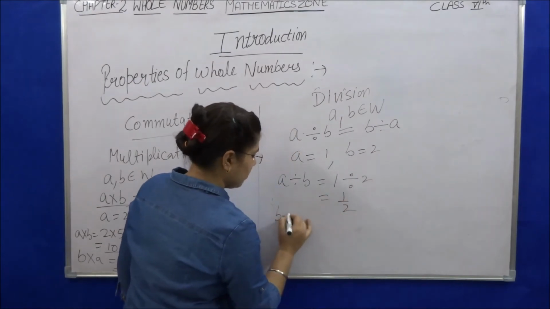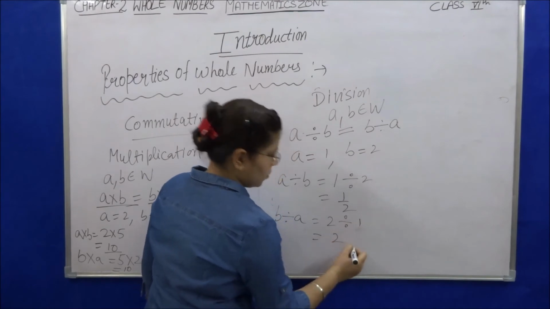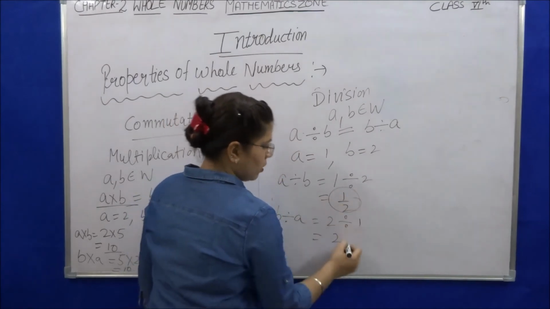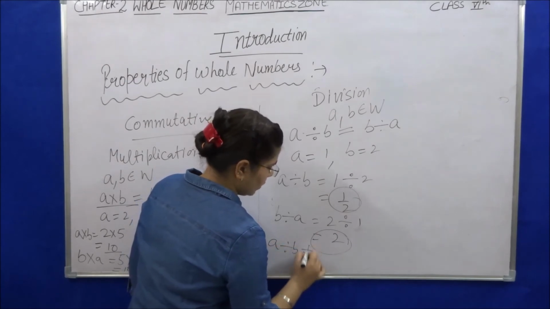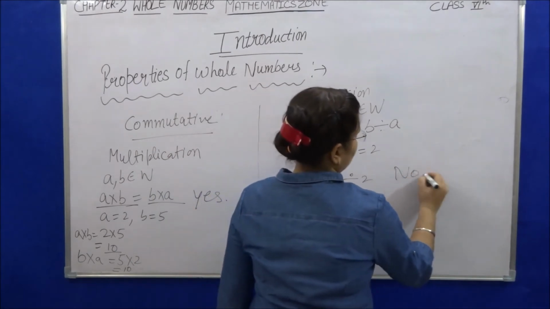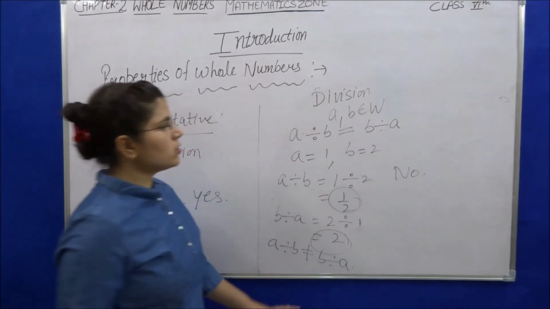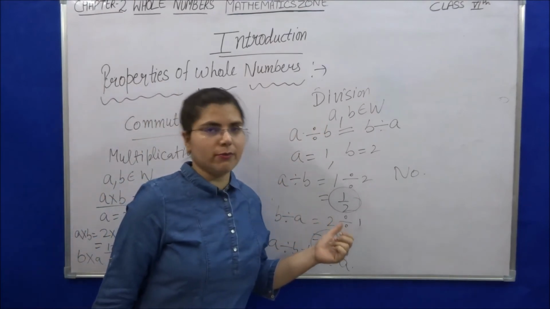Now B divided by A is 2 divided by 1, which is 2. So here 1 by 2 is not equal to 2. Hence A divided by B is not equal to B divided by A. So commutativity does not hold under division in case of whole numbers.